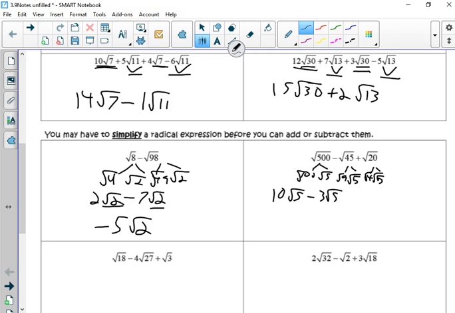That's 3 radical 5. The plus stays the same. Square root of 4 is 2 radical 5. Now notice, I have all radical 5s. So 10 of these, take away 3 of these is 7 of these. Plus 2 is 9 of these. What are these? Radical 5s.